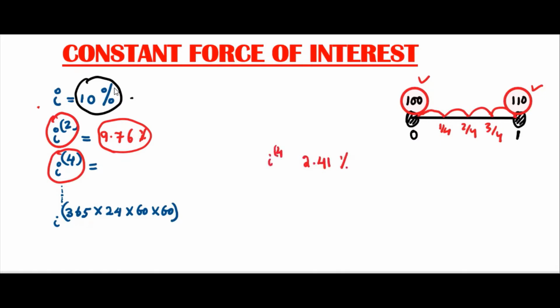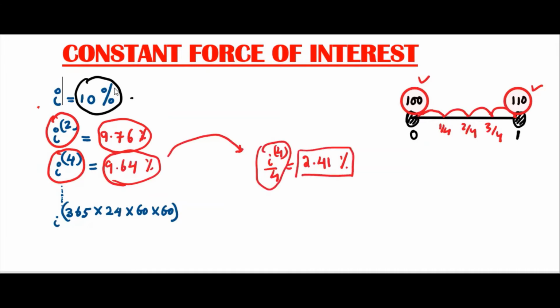This is i4 divided by 4. In that case, i4 will be 9.64%. This is the nominal rate of interest per annum convertible quarterly. So you convert it to a quarter interest rate. This is the effective rate of interest per quarter. Your money will be compounded 4 times and you get 110.